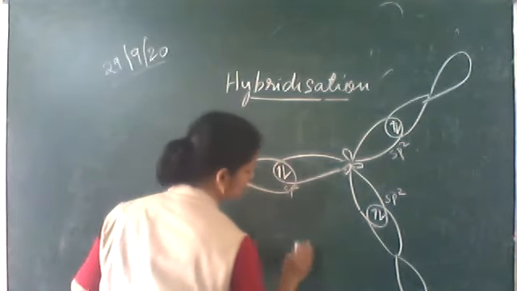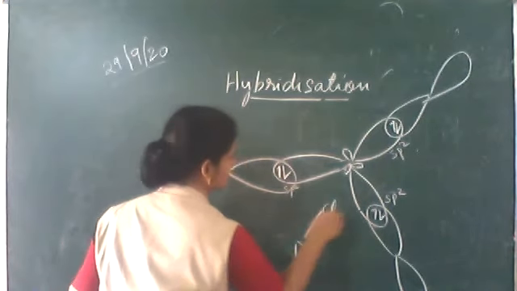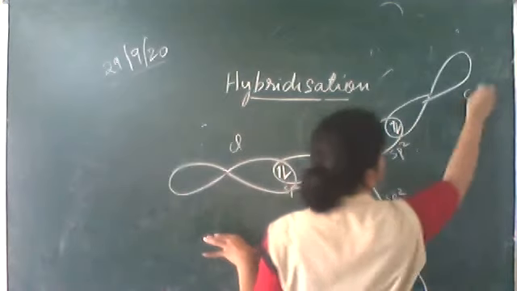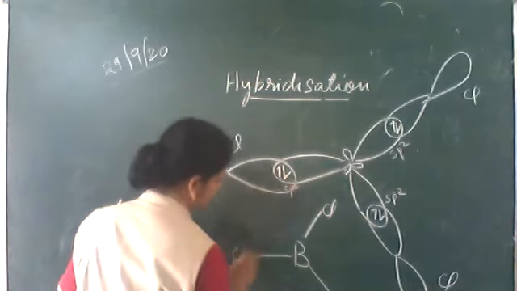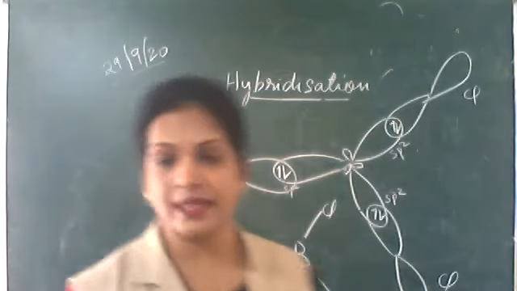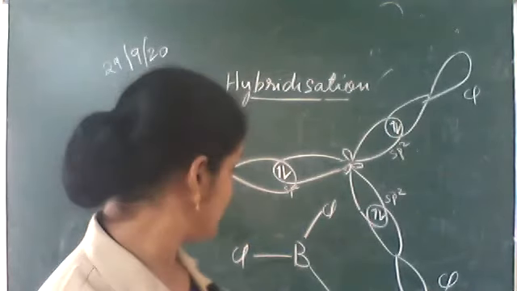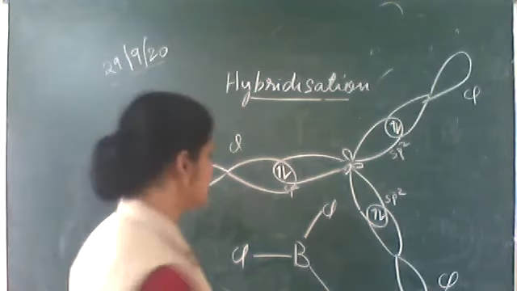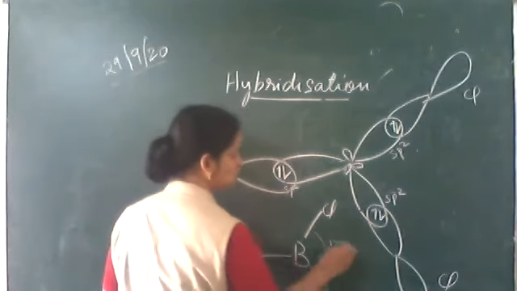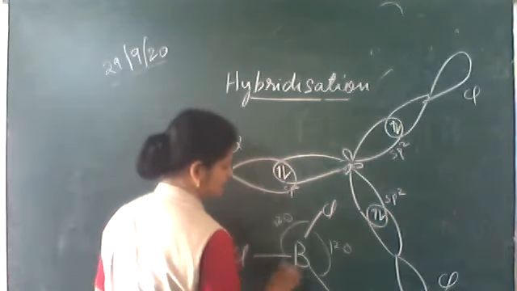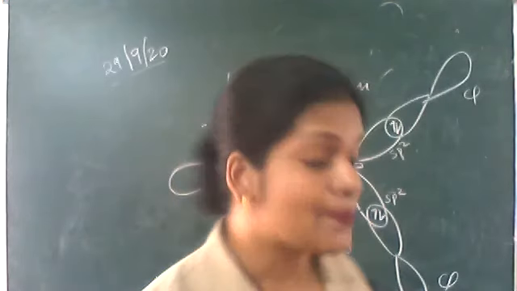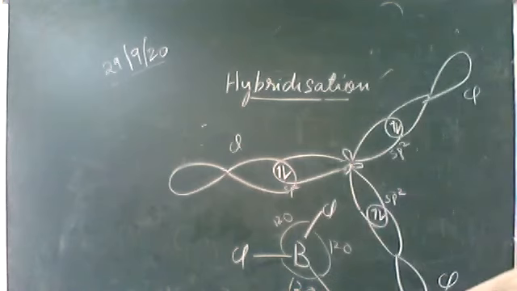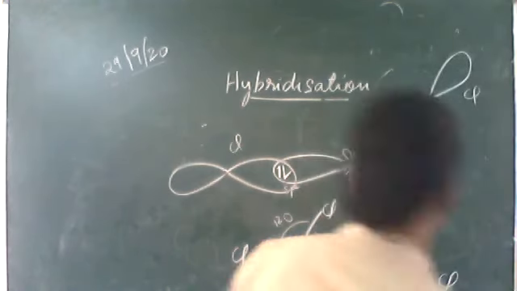So around boron there are three Cl. So BCl3 is planar, with a bond angle of 120. If the bond angle is 120, the molecule is planar. That is sp2 hybridization. Now sp hybridization.